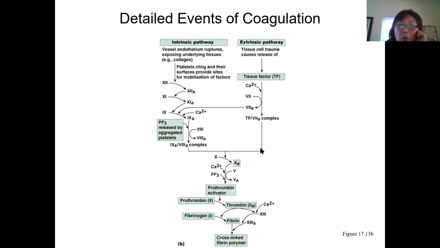Both pathways lead to the activation of clotting factor number 10. Once this factor is activated, the rest of the steps to form the clots are shared by both the intrinsic and extrinsic pathways.